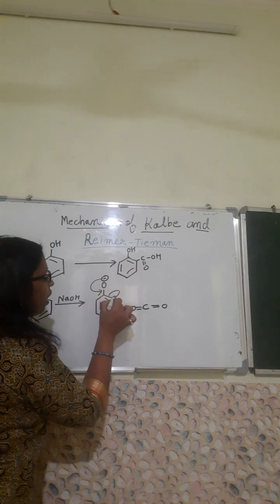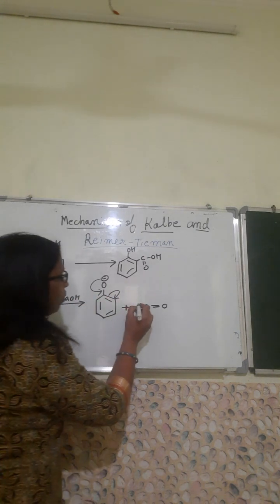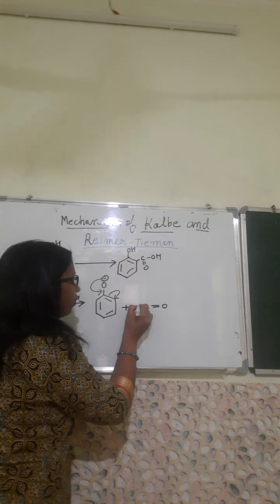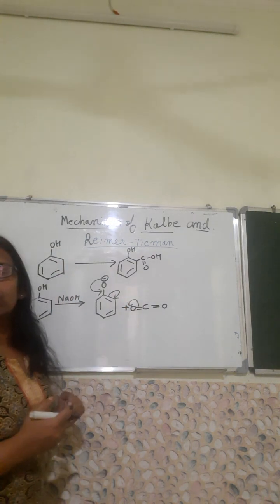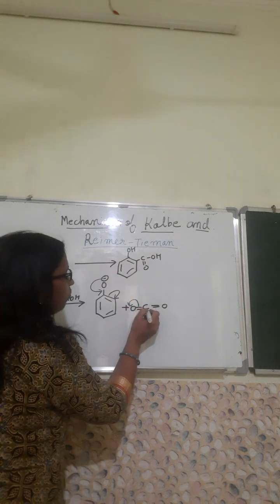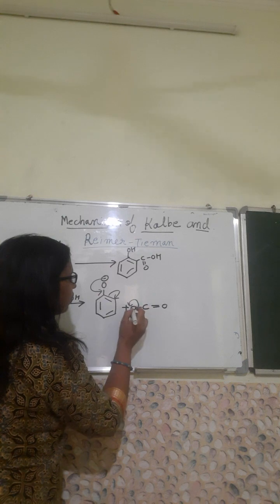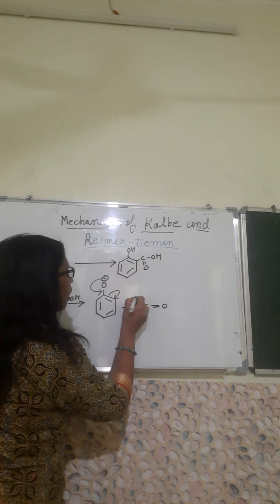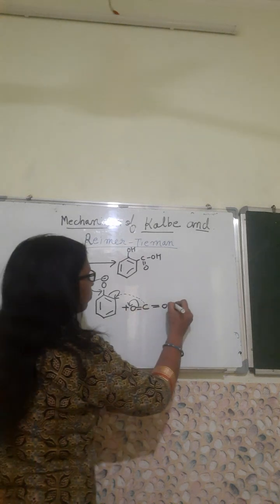In CO2, oxygen is more electronegative, so electrons go towards the oxygen and the carbon becomes an electrophile with a positive charge. That's why it attacks here.